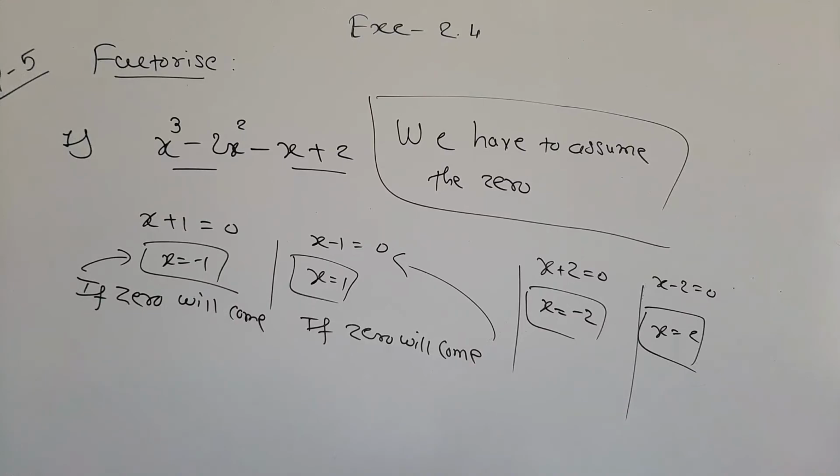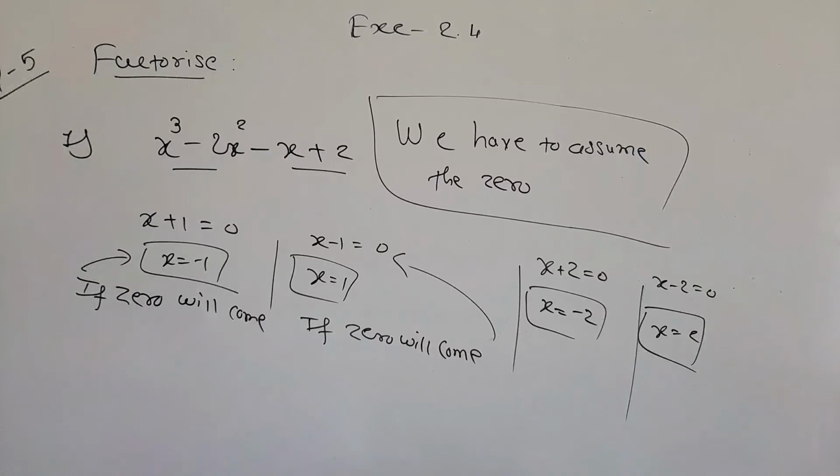One answer is x minus 2, Divyaraj Ahir. Yes, Avika Parmar, the first answer is x minus 2, x minus 1, x plus 1. It's not like that. The first answer is x minus 2, x minus 1, x plus 1.